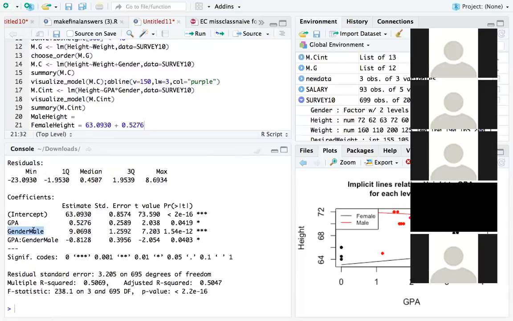What does gender male do when somebody is a male? It turns to a what? If somebody is male, gender male turns to? Gender male will turn to a 1.